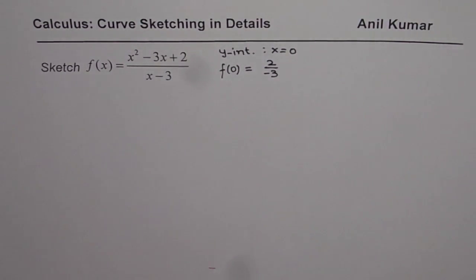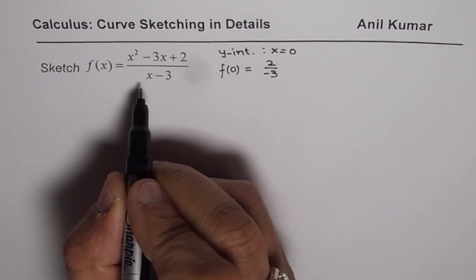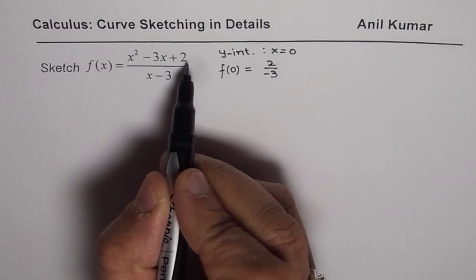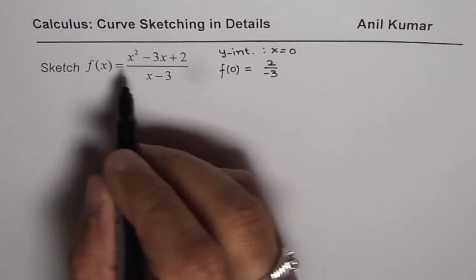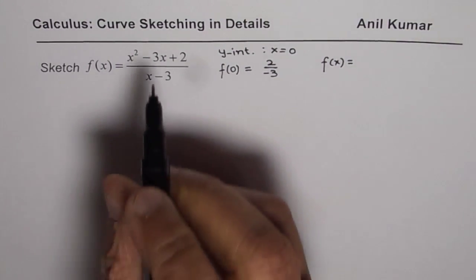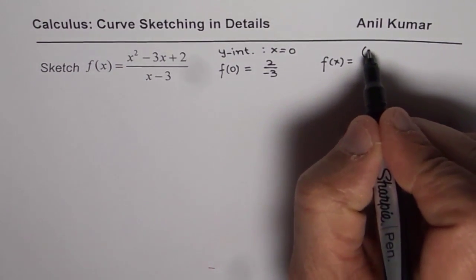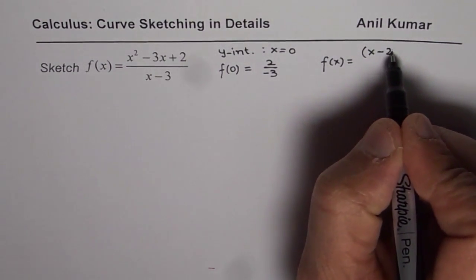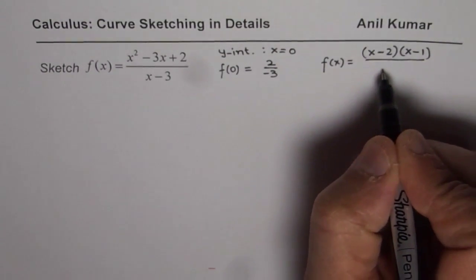Right. Now let us find the x-intercept. To find the x-intercept, let us factor the numerator. It's kind of simpler to factor, so we'll factor the numerator. We can write this function as f of x equals, product of 2, sum of minus 3, so we could write this as x minus 2 times x minus 1 over x minus 3.